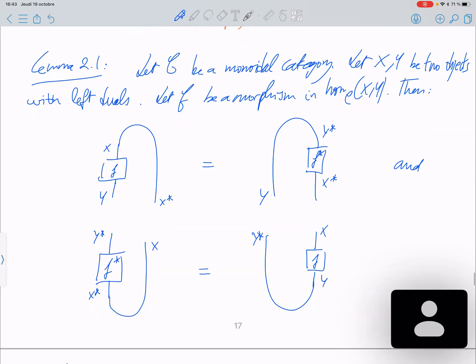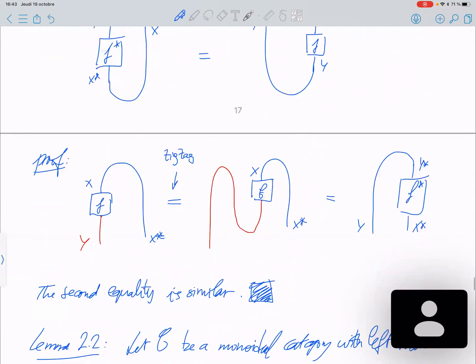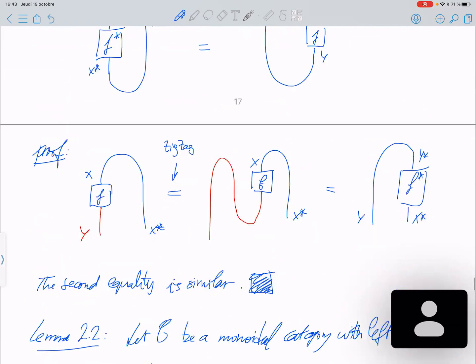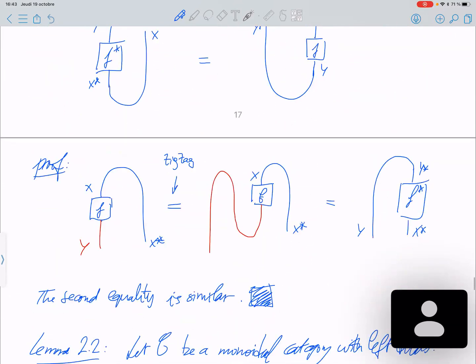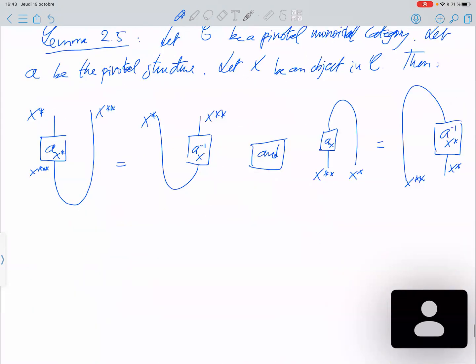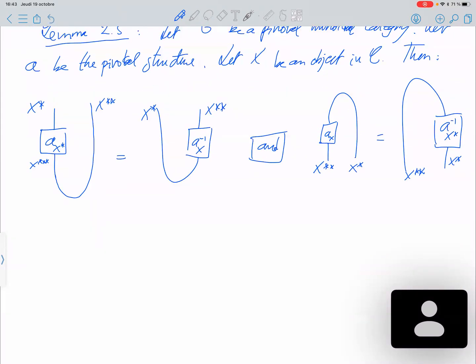Okay, but in fact, we will not apply this lemma just now. We will prove that directly using the result we proved about the dual of the evaluation and co-evaluation maps.